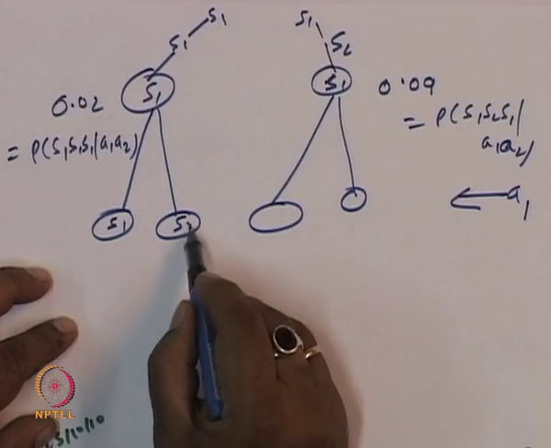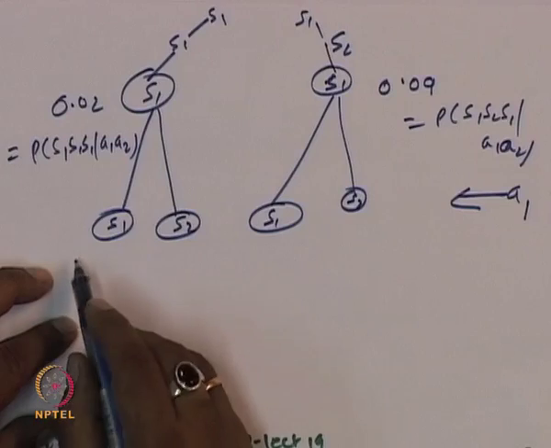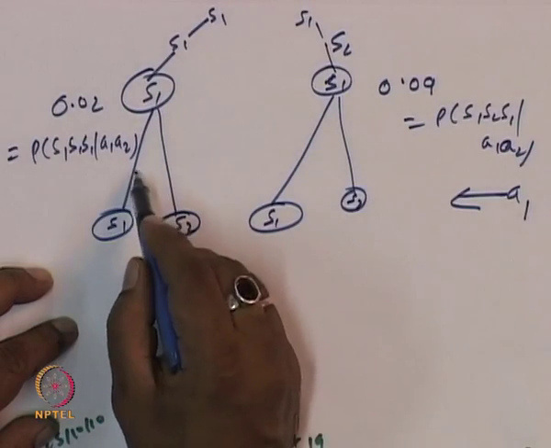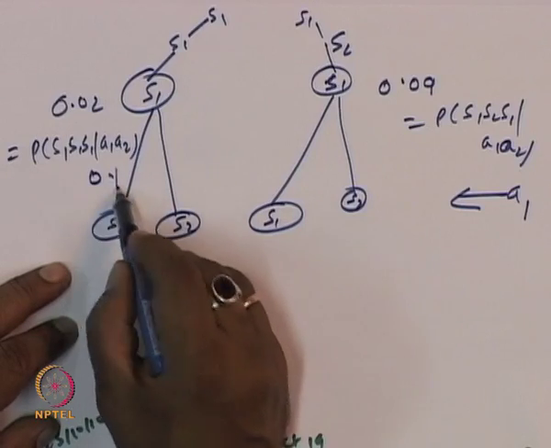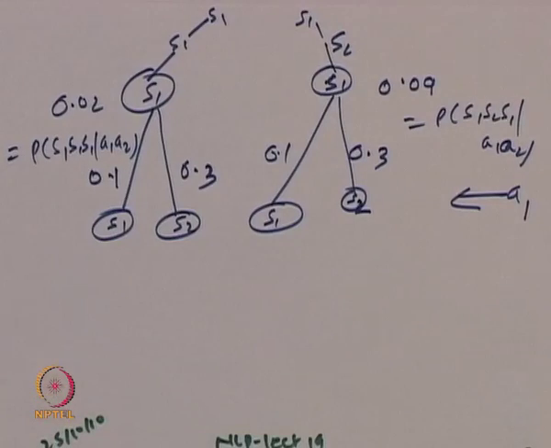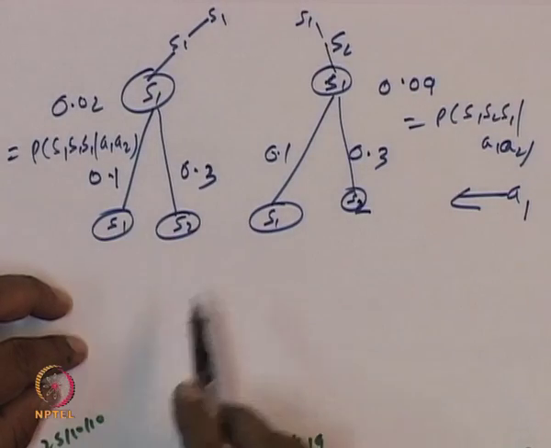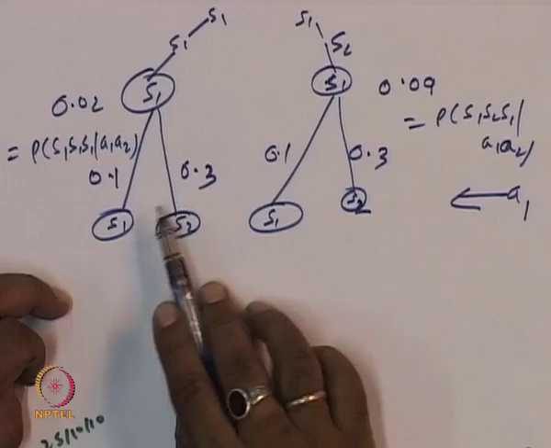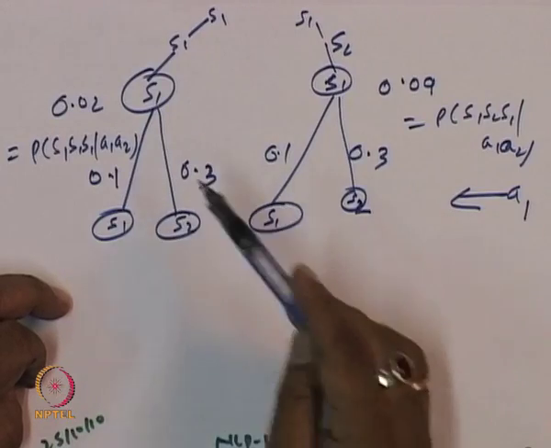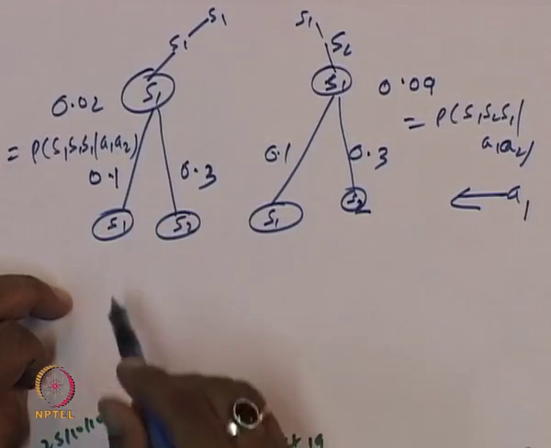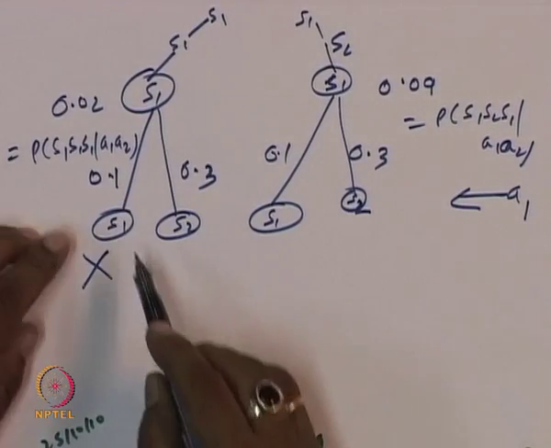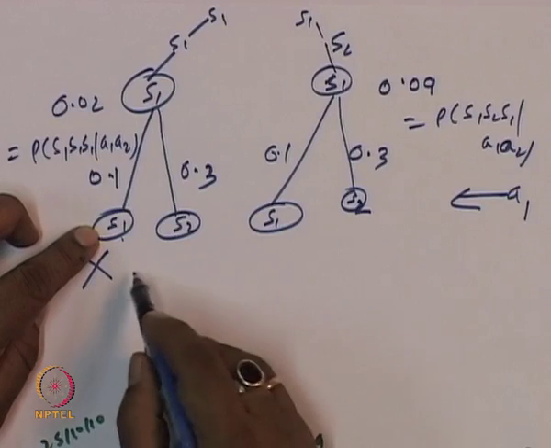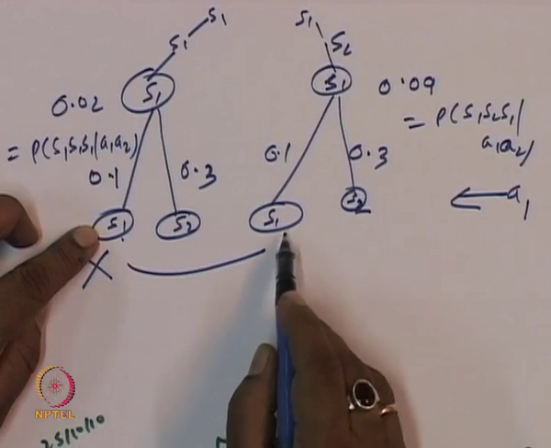This will be S1, S2, S1, S2 and the values here will be multiplied by the transition probabilities. Now, we see that we are always multiplying by the same quantity for the same state transition. When this happens, this node will always be less than this node.